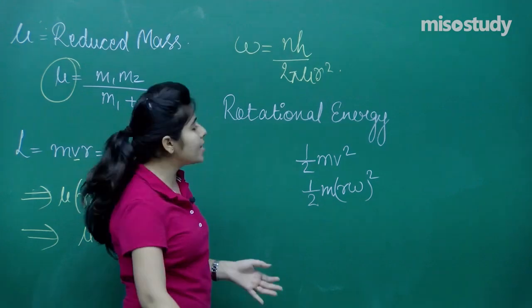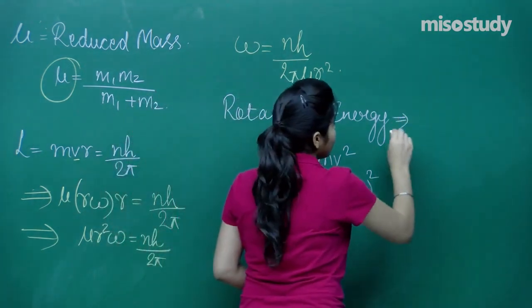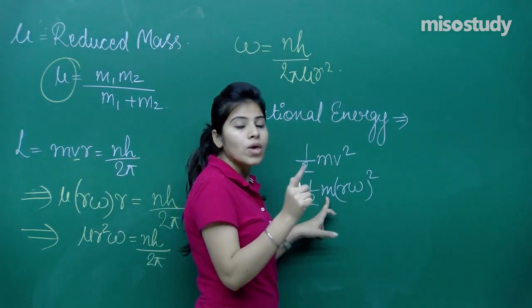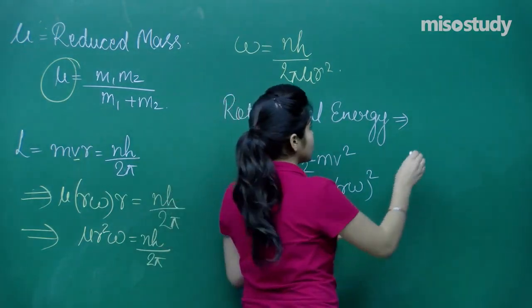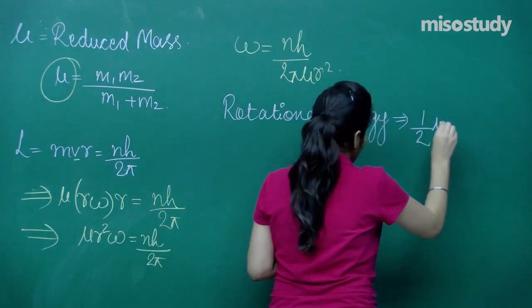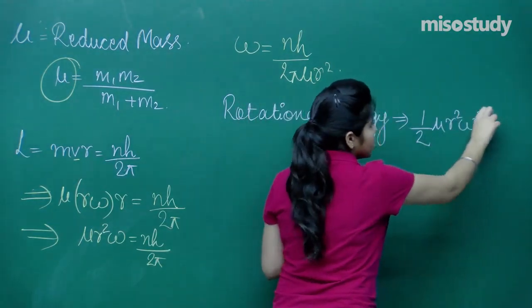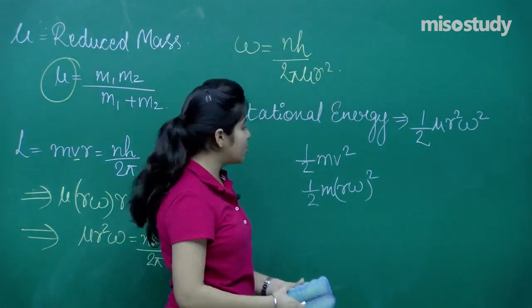So your rotational energy will be, in place of this mass we once again write the reduced mass, so half mu r square omega square. This will be your rotational energy.